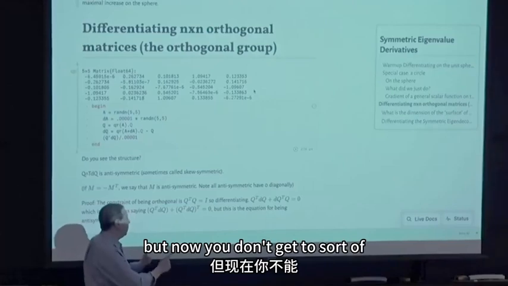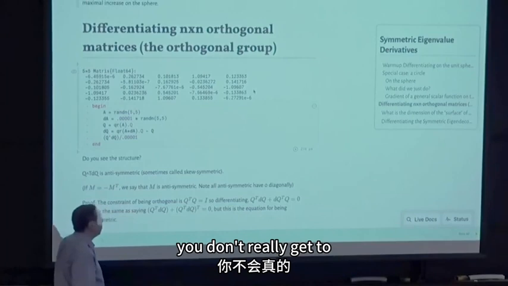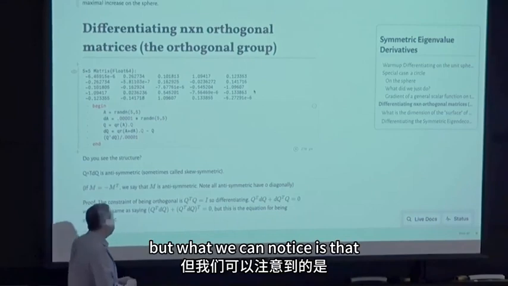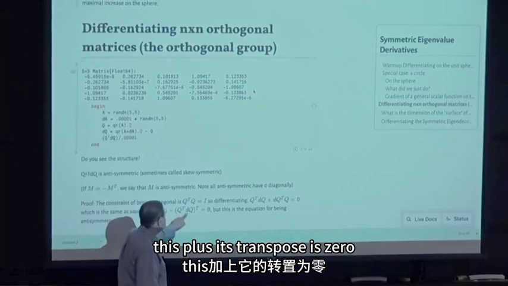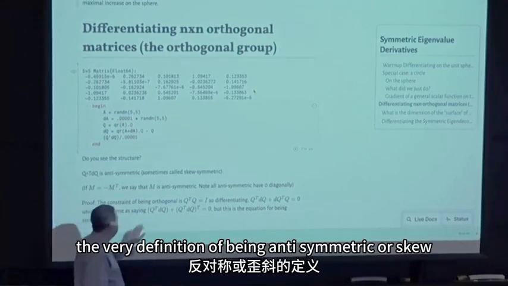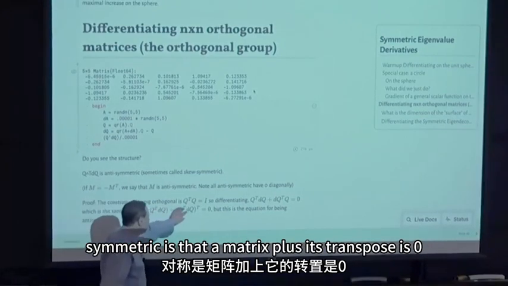Okay? But now you don't really get to combine these like we did on the sphere. But what we can notice is that this is the same thing as saying that this plus its transpose is 0. But that's just the very definition of being anti-symmetric or skew symmetric: a matrix plus its transpose is 0.